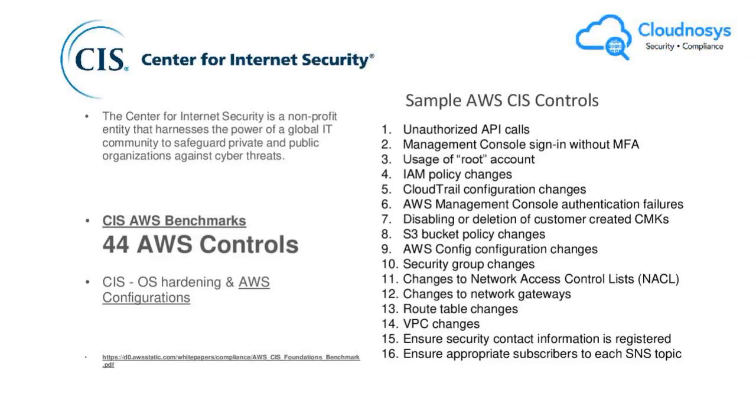Okay, so a little bit about CIS in general, right? CIS has quite a few benchmarks that they have published, everything from operating systems to cloud services and different areas. So we're going to focus on cloud services. Let's take an example for AWS. They have about 44 plus controls with CIS benchmarks.